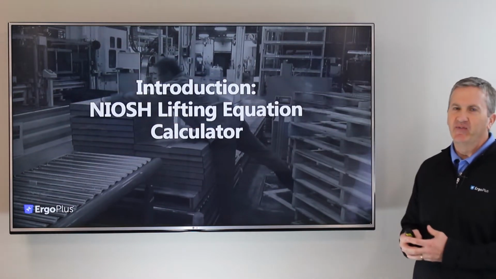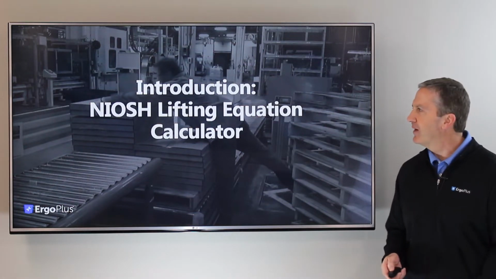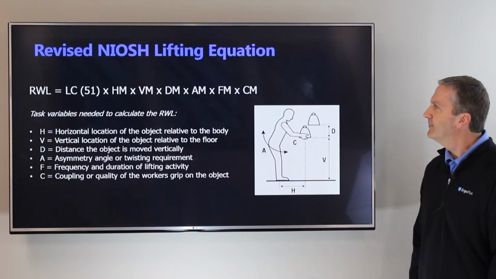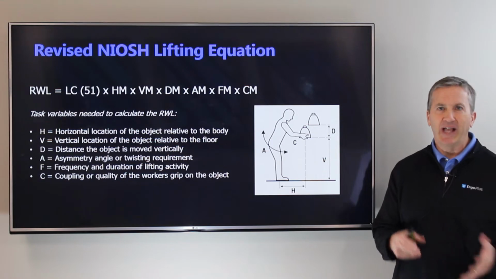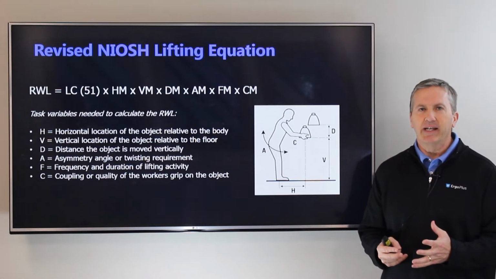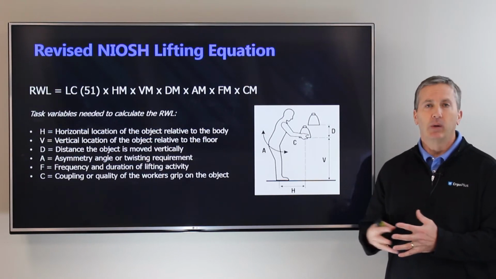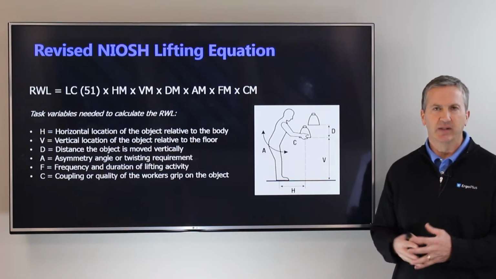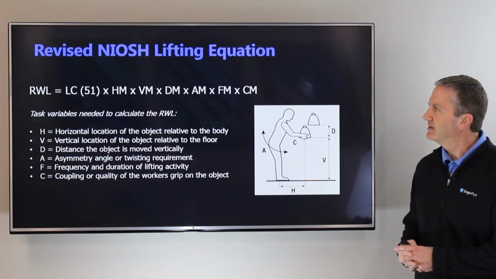In this very brief video, I want to just introduce the NIOSH lifting equation to you if you're not familiar with it. Here's the very basics of it. The NIOSH lifting equation was developed many years ago, last revised in 1991, but it's a validated tool that is just an excellent tool designed to quantify risk of lifting and lowering tasks in the workplace.